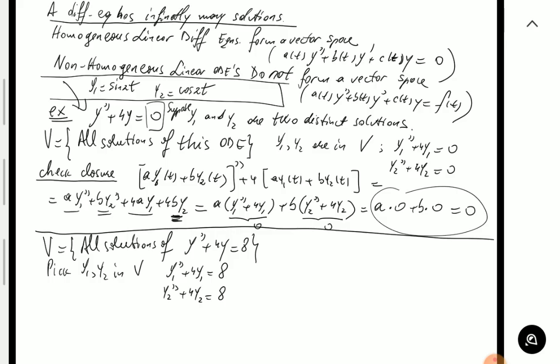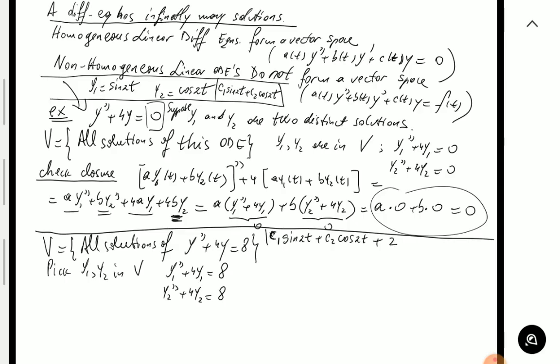Actually, maybe it's a good idea to provide a full solution. In the previous case, the full solution is just any linear combination of sine and cosine of 2t. Whereas here, and you're going to learn this in your ODE class, the general solution of this equation is c1 sine of 2t plus c2 cosine of 2t plus 2.